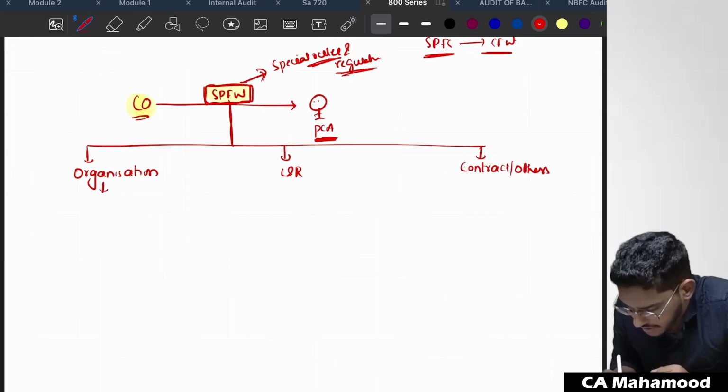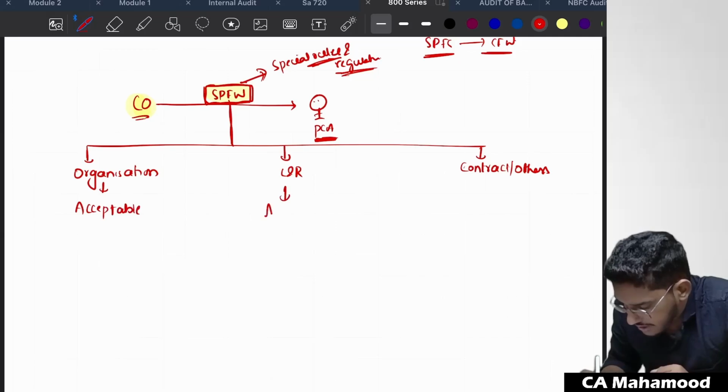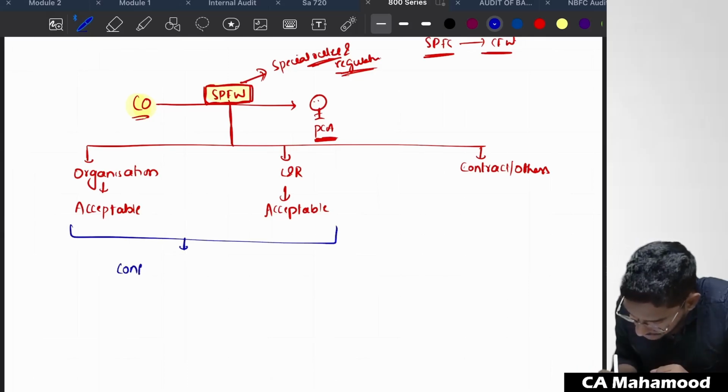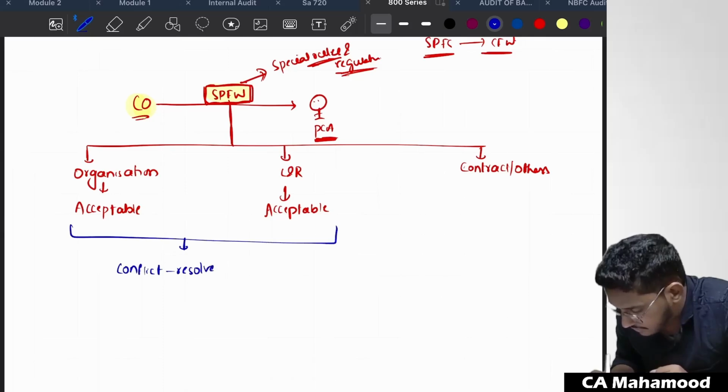If it is given by an organization, it is generally acceptable. No need to question it. If it is given under some law or regulation, then also it is acceptable. No need to question it. One extra point: if there is any conflict between the two, resolve it.